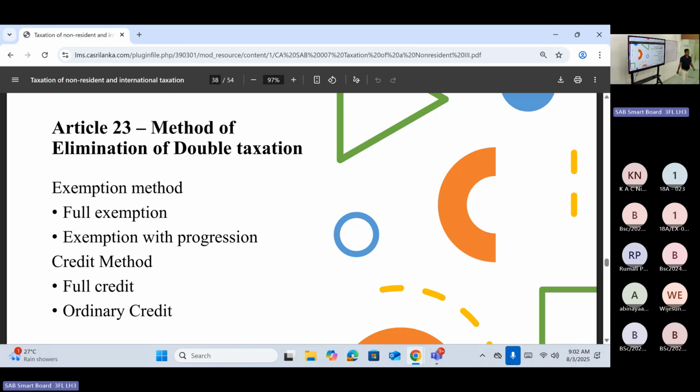And also, you remember another important concept we discussed: beneficial owner. Beneficial owner of the dividend, beneficial owner of the interest, beneficial owner of the royalty.